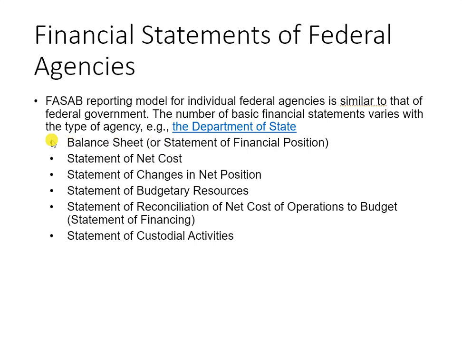The Department of State has a balance sheet, or a statement of financial position, a statement of net cost, a statement of changes in net position, and a statement of budgetary resources. And then a statement of reconciliation of net cost of operations to budget, and a statement of custodial activities. We provide a link to the actual financial statement you can download.